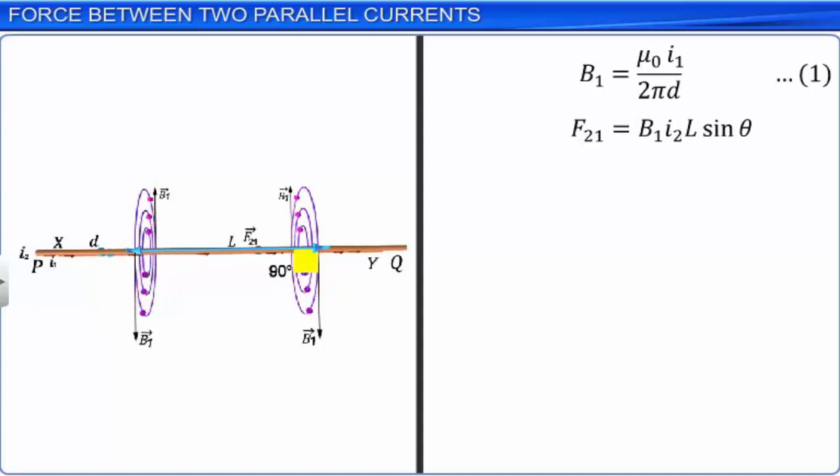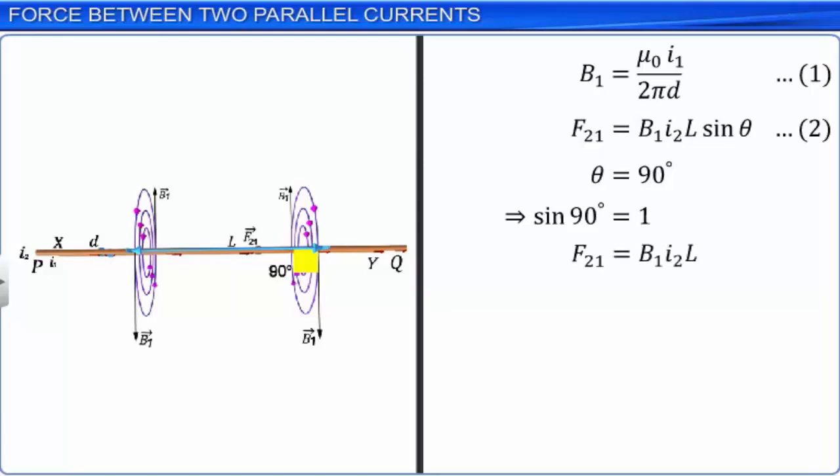Let this be equation 2. Here, theta is equal to 90 degrees and sin 90 is equal to 1. Therefore, the force acting on the segment of the conductor PQ of length L due to the conductor XY is F21 equal to B1 I2 L.